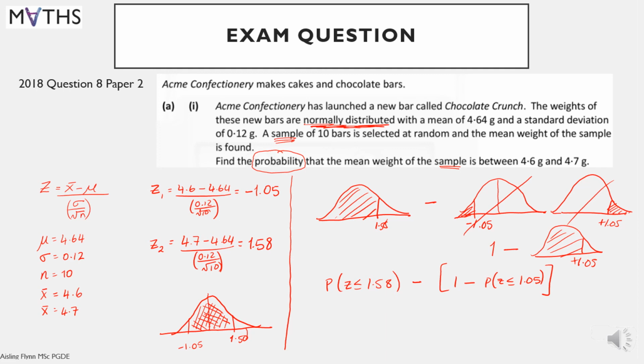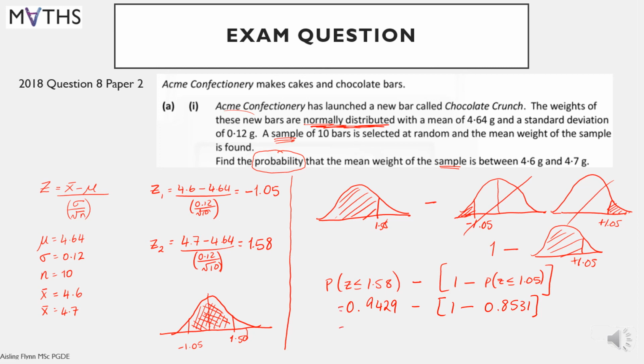Okay, so the probability that we had a z-score less than 1.58 was 0.9429. Subtract 1 minus, for the second one, 1.05, we got 0.8531.